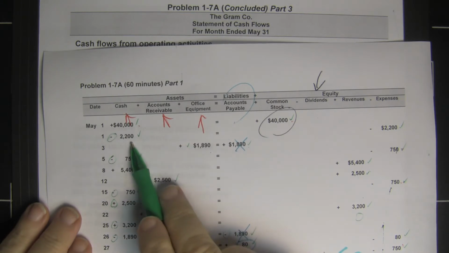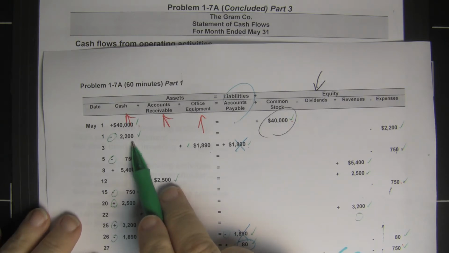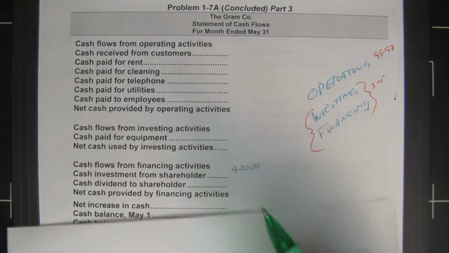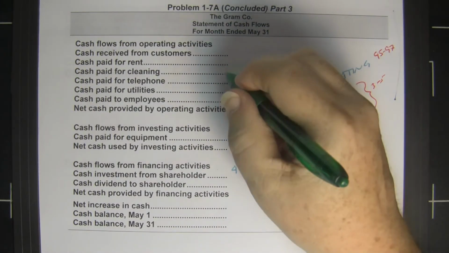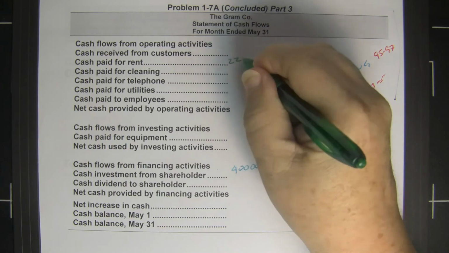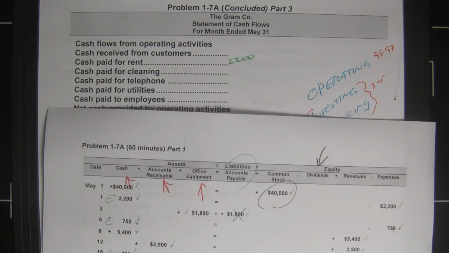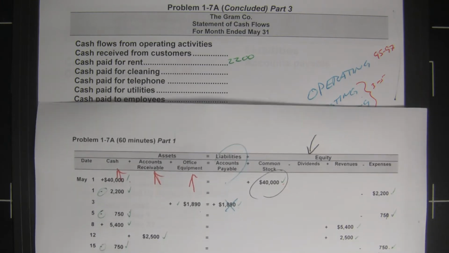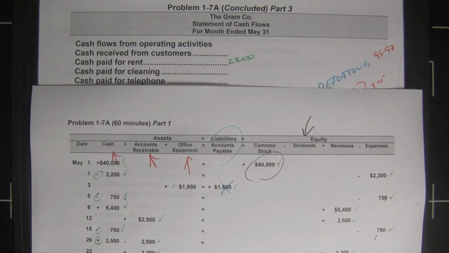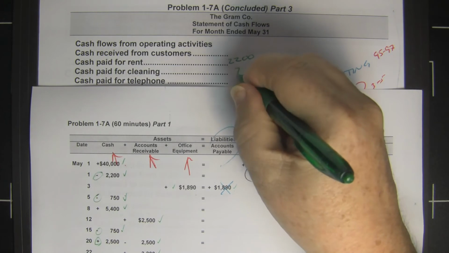2,200. What was that? Do you remember? You have to go back and take a look. Well, that 2,200 was cash that we paid for rent. So cash paid for rent, 2,200. And I'm just going to continue to go down the list. Cash paid for cleaning. If you remember right, that was $750.